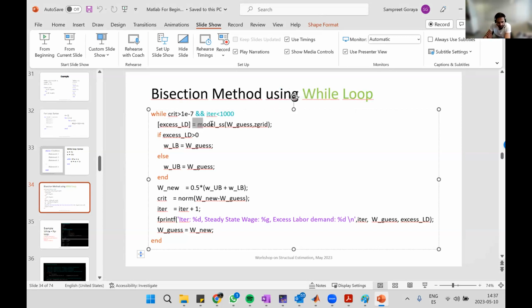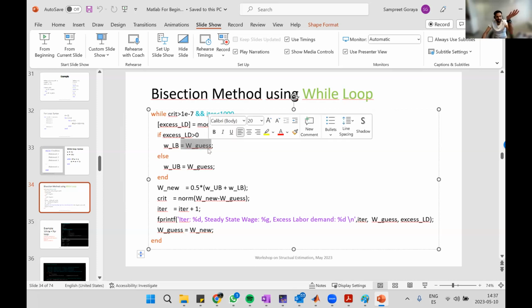So I write down a model which gives me the output, which is the excess labor demand. If the excess labor demand is greater than 0, then update the lower bound with the guess, right? The demand is very high, so you need to update the lower bound. If it is the opposite, then update the upper bound, meaning demand is very low.